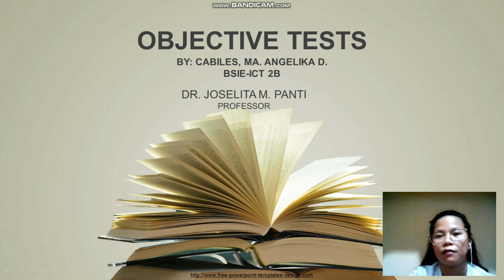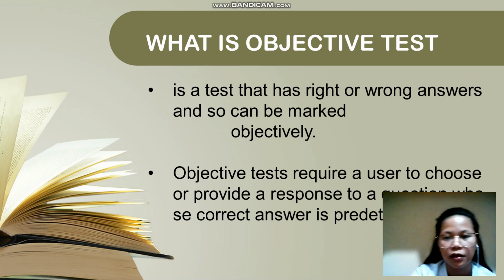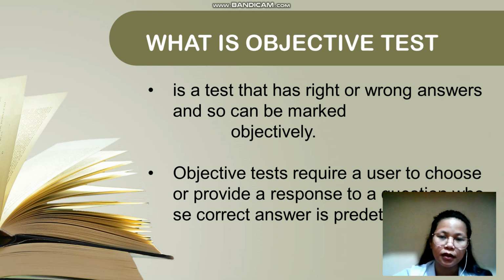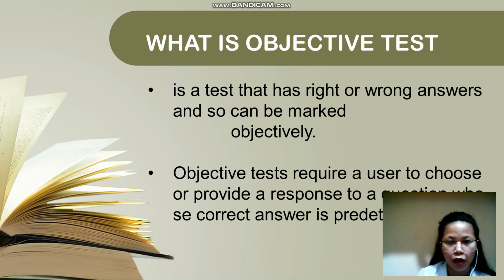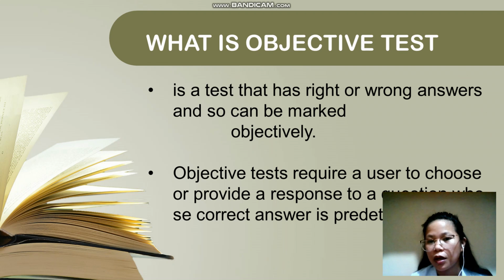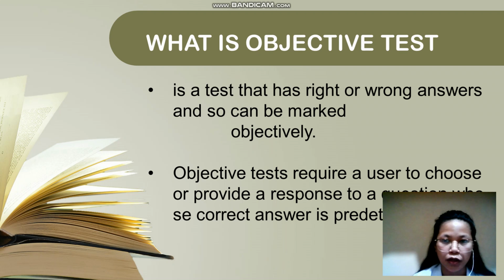I'm here to present about the different types of objective tests. First, what is an objective test? This is a test that has right or wrong answers, so it can be marked objectively. It means that this measures the learner's ability to remember facts and figures, as well as their comprehension of course materials.